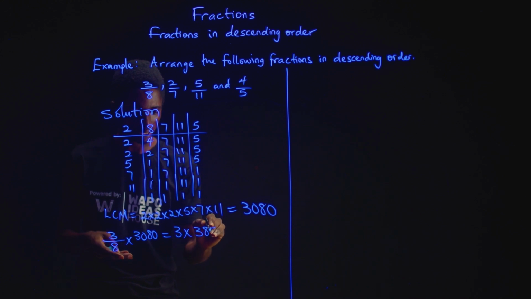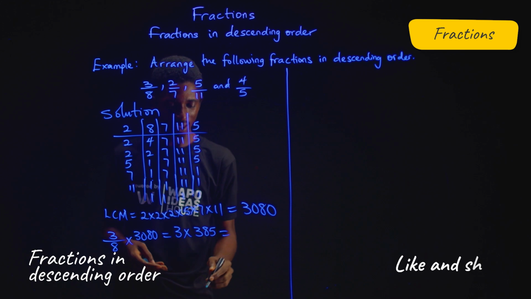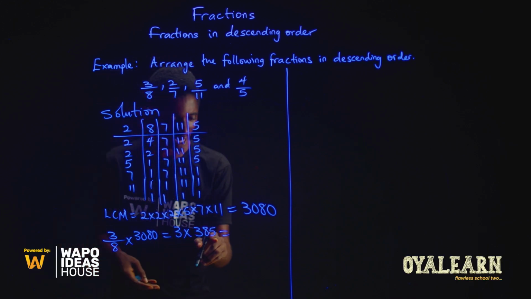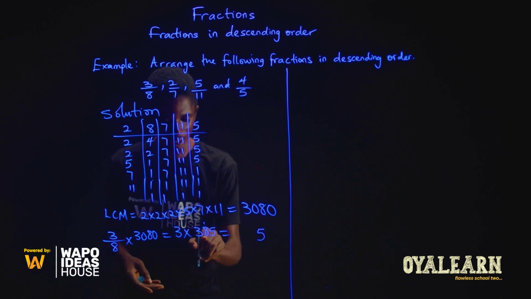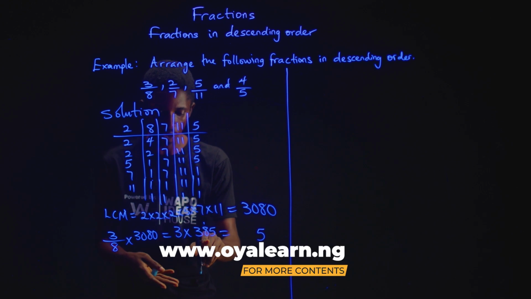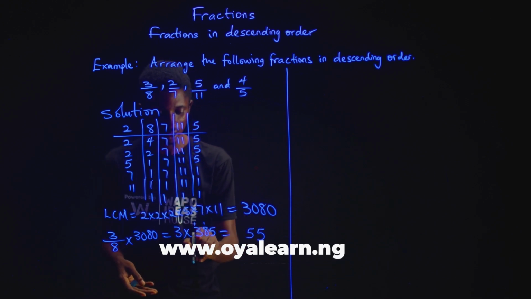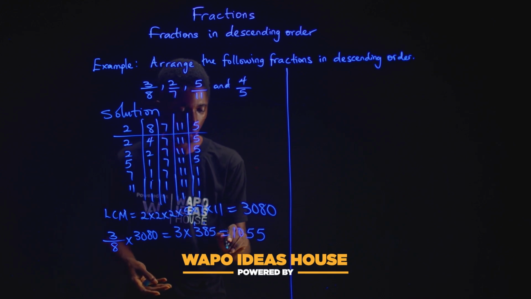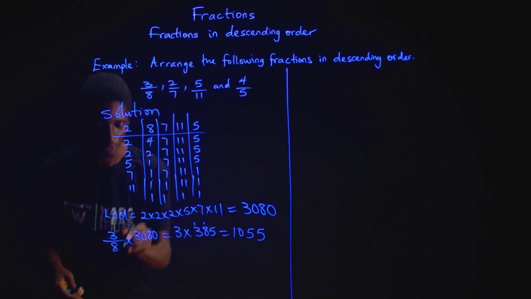In 40, that is 5. Now 3 multiplied by 385. Now 3 times 5 is 15. 5, carry 1. 3 times 8 is 24, plus 1, that's 25. 5, carry 1. 3 times 3 is 9, plus 1, we have 10. So 1055.